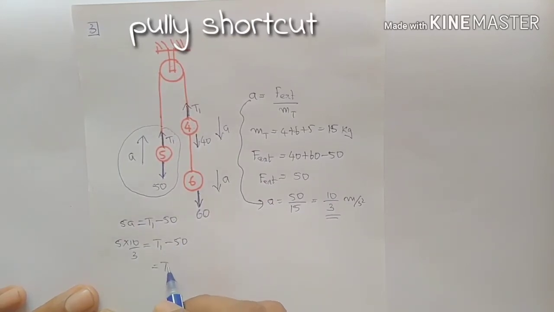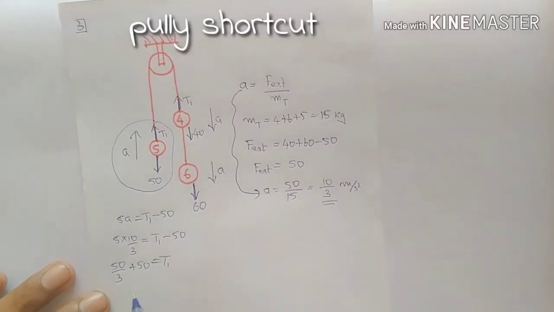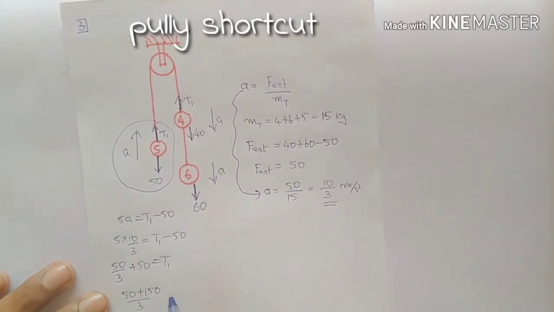T1 is equal to 50 by 3 plus 50, which is 50 plus 150 by 3, that is 200 by 3. The tension T1 is 200 by 3.